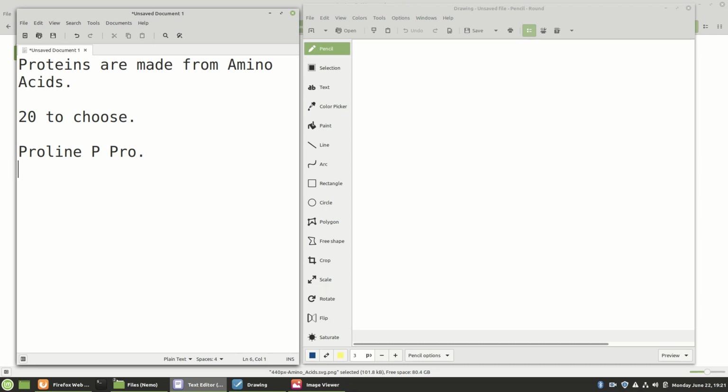So ribosomes assemble the proteins out of amino acids. So the parts are the amino acids, and when they're done, the amino acids make a long string, kind of just like DNA.